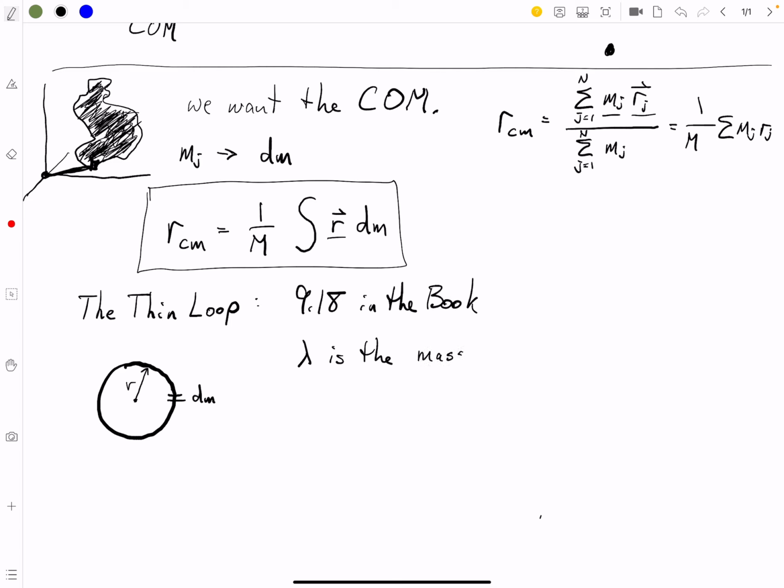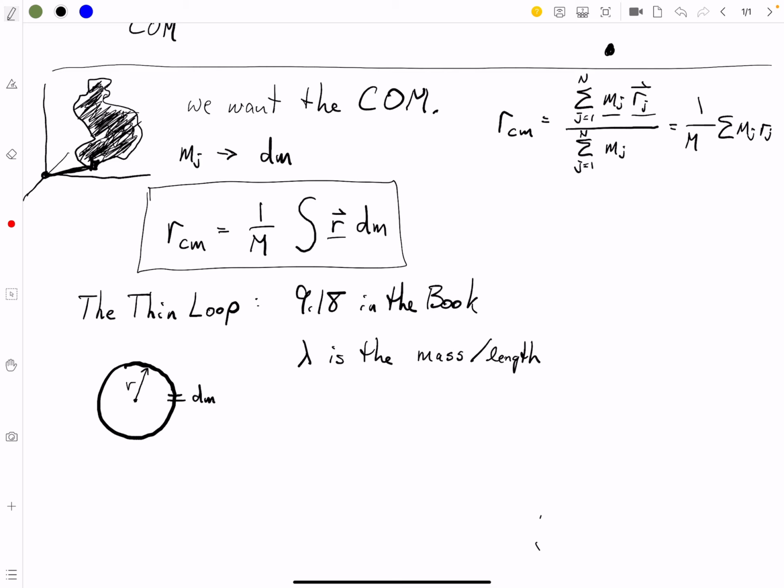Okay, mass per length. So our material, however thick it is, whatever, lambda is a property of that material.